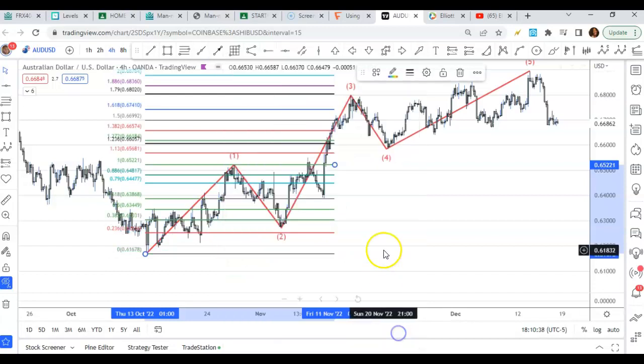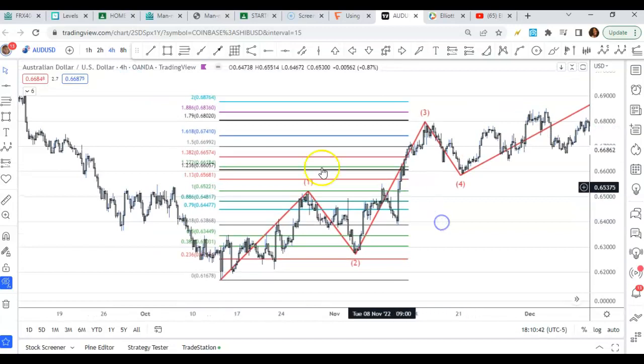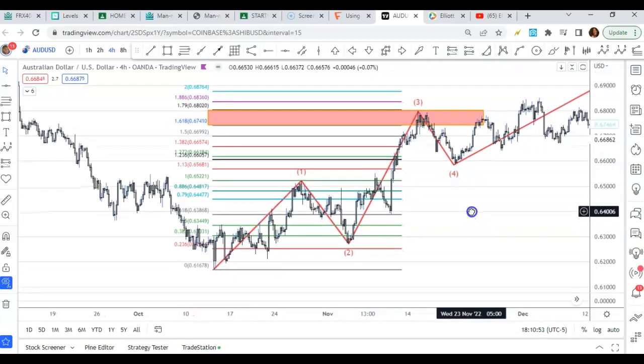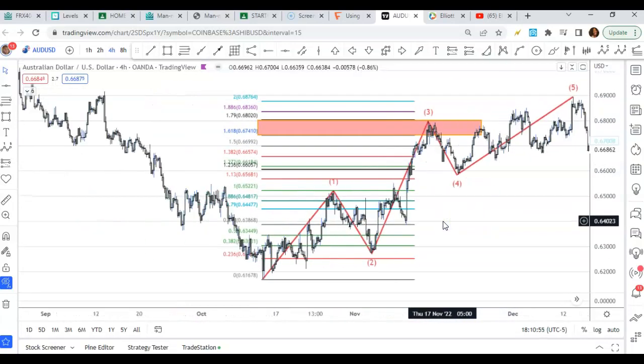Here it's going to show me how far leg 3 went up. So we have leg 3 between the 1.618 and the 1.79 area. We're going to take note of this area because we're going to use it to build a case.